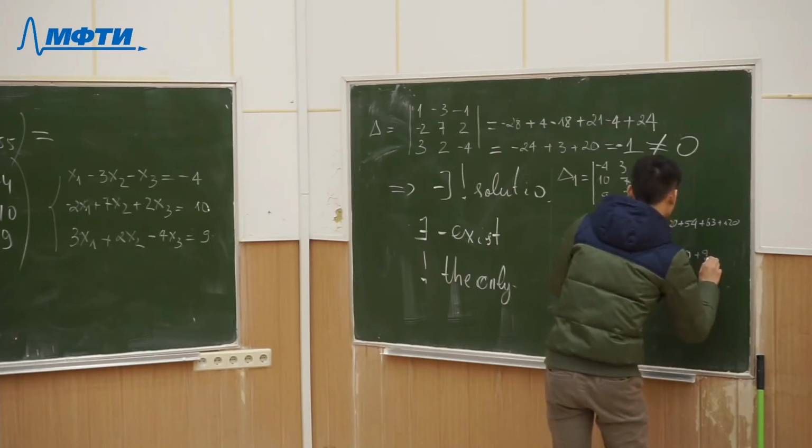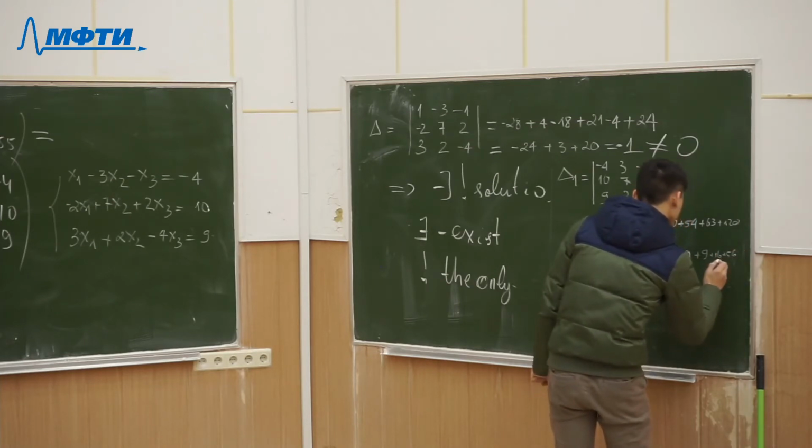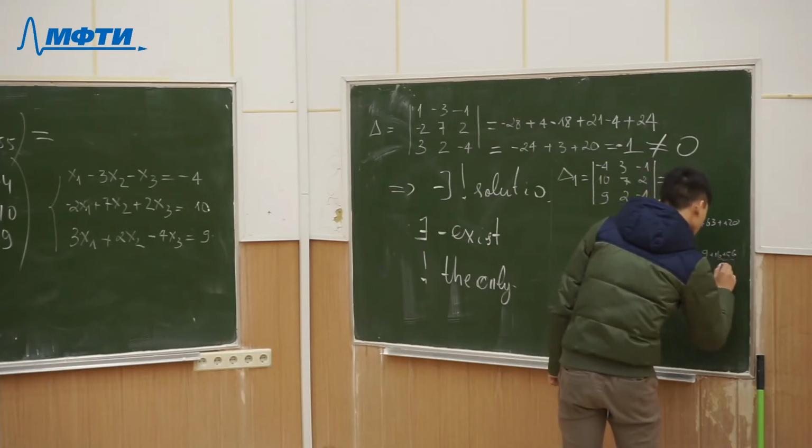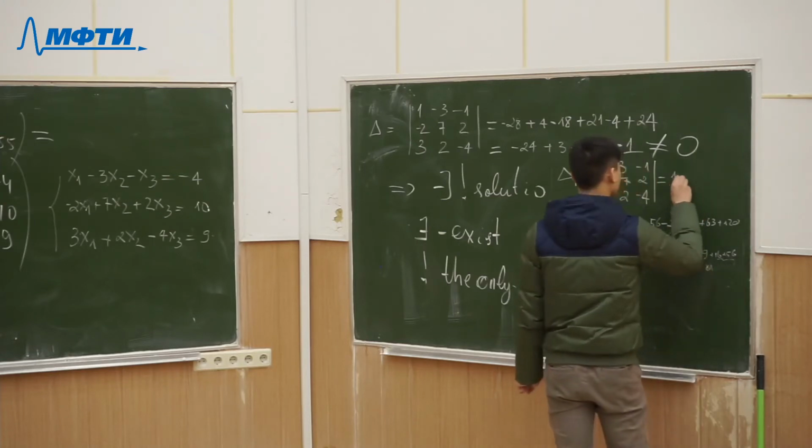What we have? 2, 13, 0. Then multiply the first row by 4 and subtract from the third row.